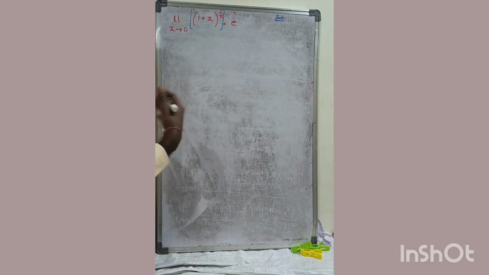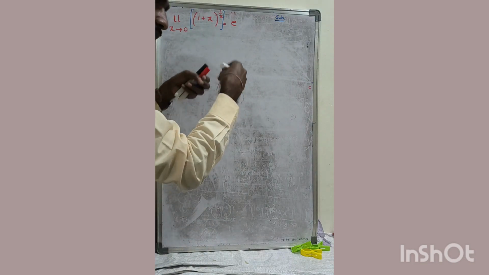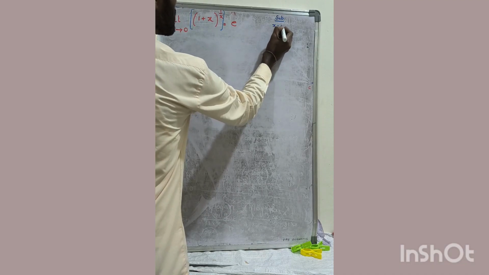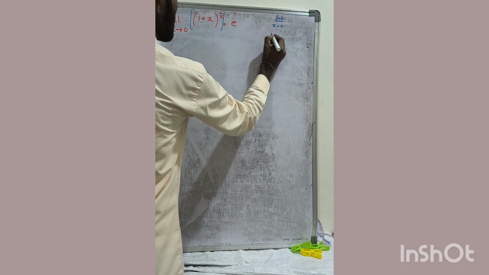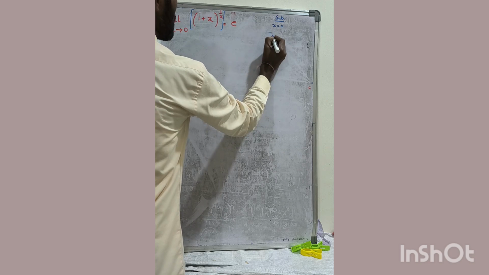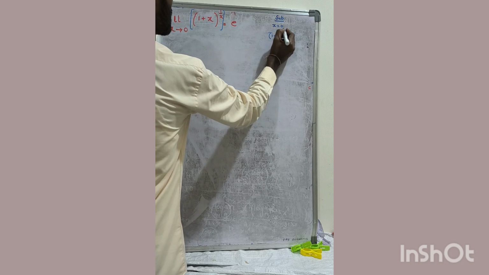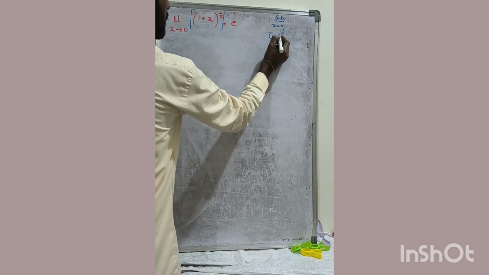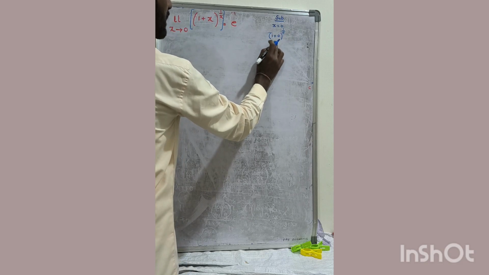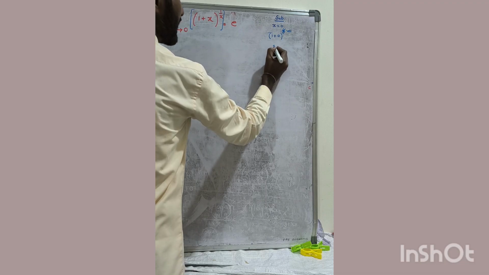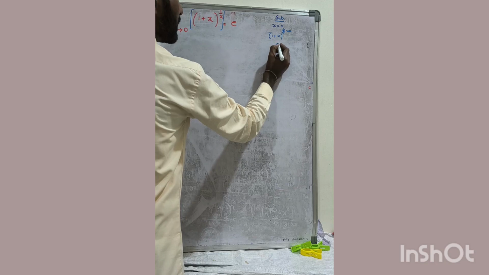So what do we mean by substitution? X tends to 0 means I will substitute the x value 0. So if I substitute x equals 0, this function changes to (1 plus 0) whole power 1 by 0. So 1 plus 0 is 1, and 1 power 1 by 0, which is 1 power infinity.